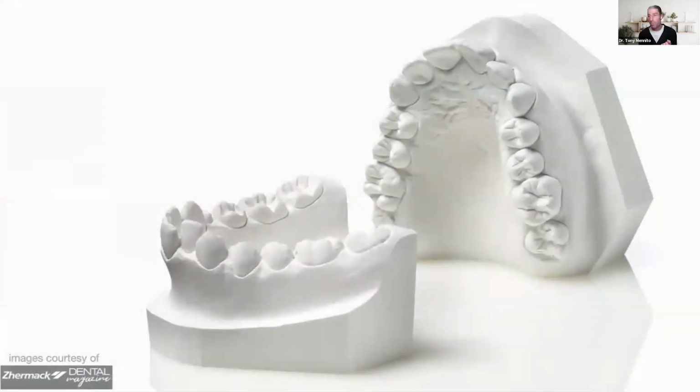I think the single biggest benefit from going from physical to digital is that we no longer have to store models like we used to in, I say, the old days. I've been practicing dentistry for 21 years now. I remember my locker in dental school was full of physical models for all my patients.